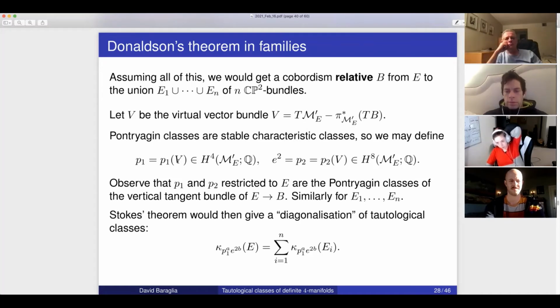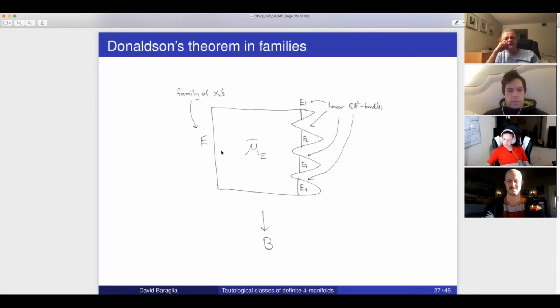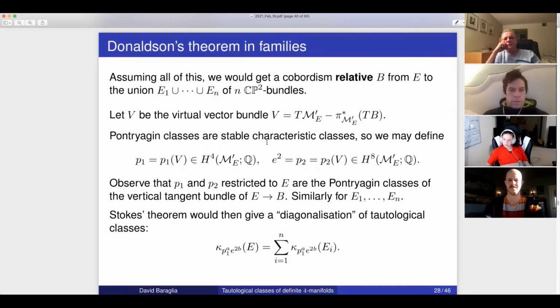In other words, P1 of V and P2 of V, or e squared of V, makes sense. If you restrict this virtual vector bundle to E, then you just get the vertical tangent bundle of the family. And likewise, if you restrict this virtual bundle to these CP2 bundles, you get the vertical tangent bundle.